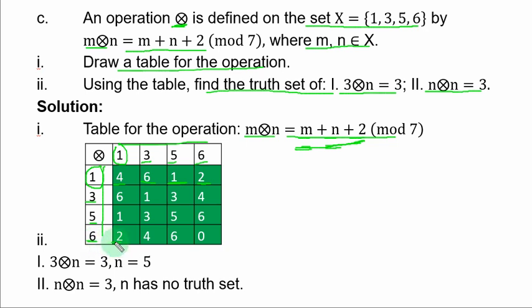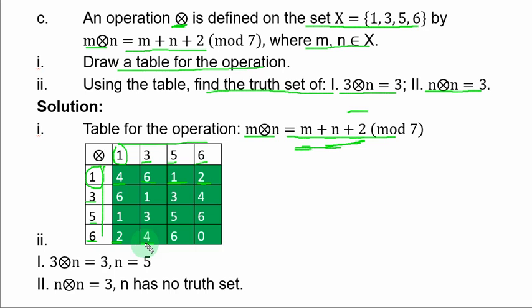You take 6 against 3. 6 plus 3 is 9. 9 plus this 2, you have 11. If you divide 11 by 7, you have 1 remainder 4. You record the remainder 4.